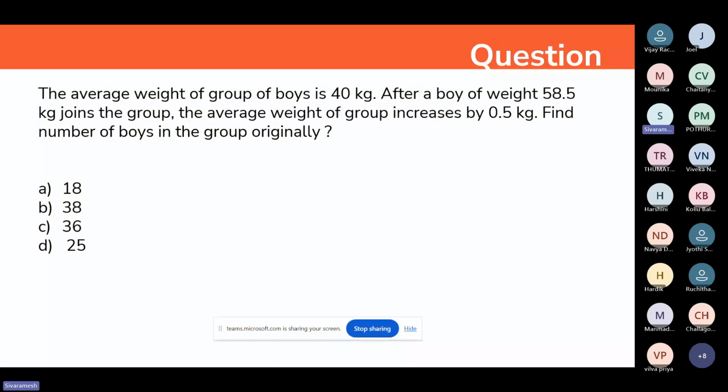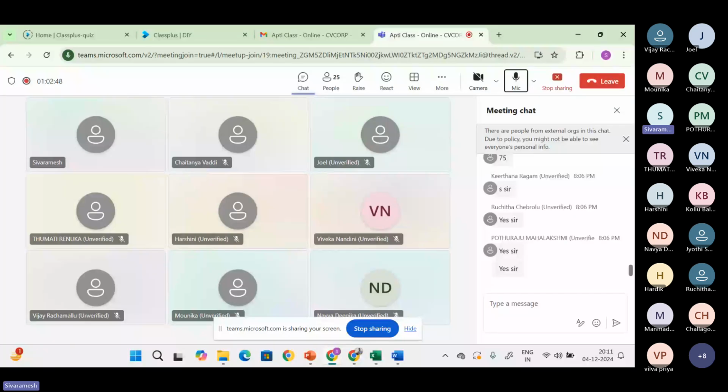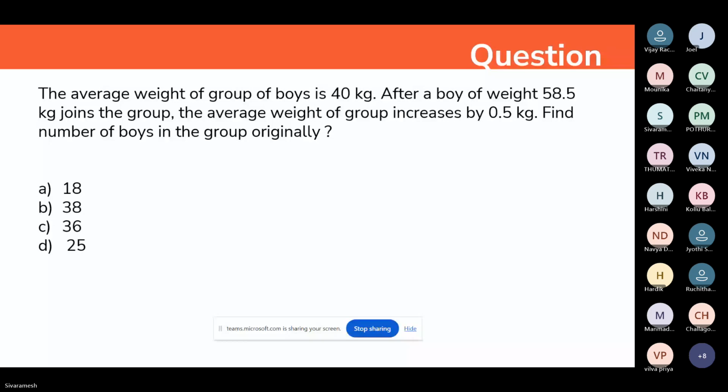Yes, apply the same logic, same shortcut. Count the average. Let me check.